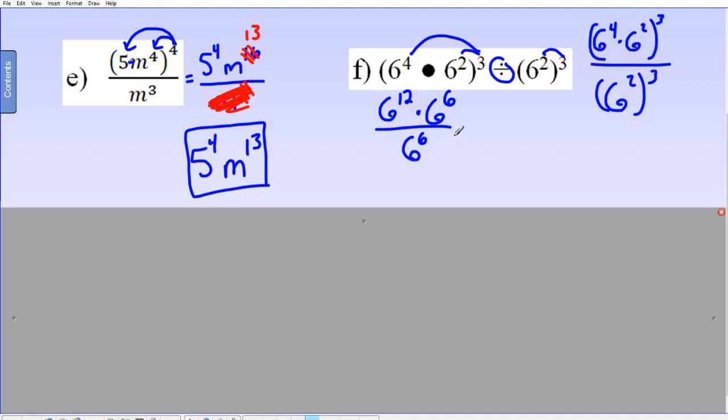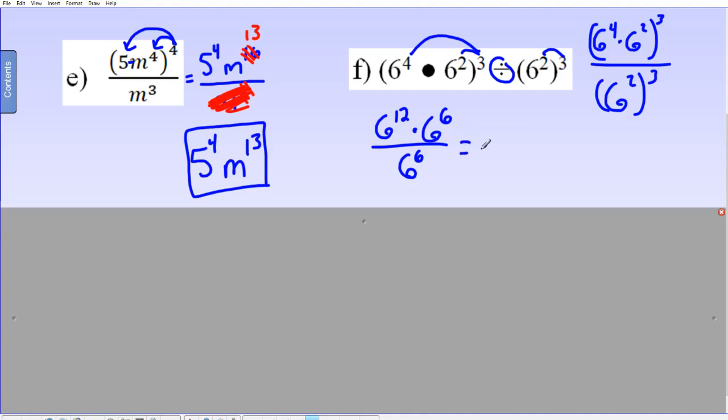Okay. Now, is there anything I can cancel out, or simplify, or add? Well, I see that I have a base of 6. All 3 of these have a base of 6. Those eventually are all going to simplify and combine into one thing. I'm only going to have one base 6 in my final answer.